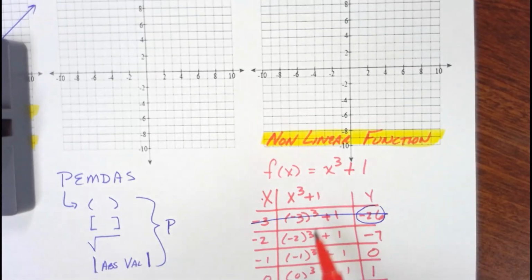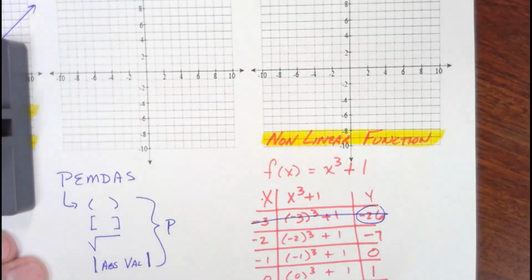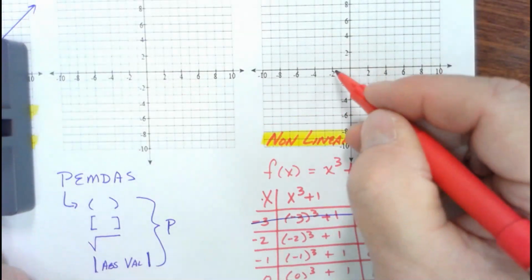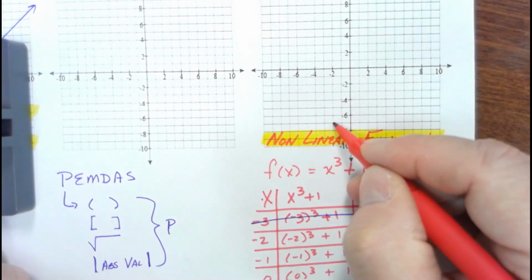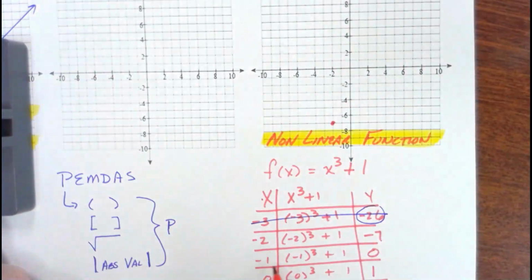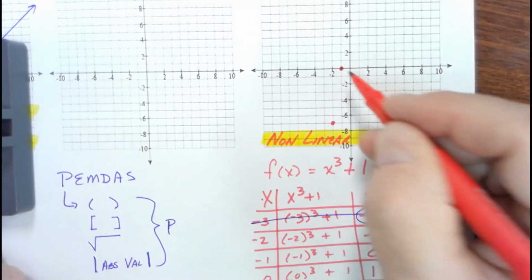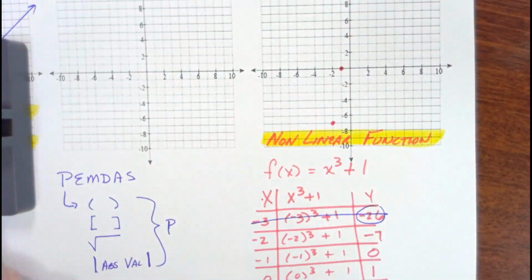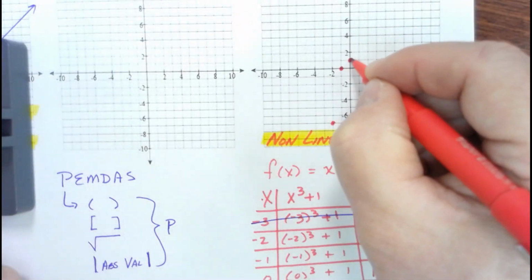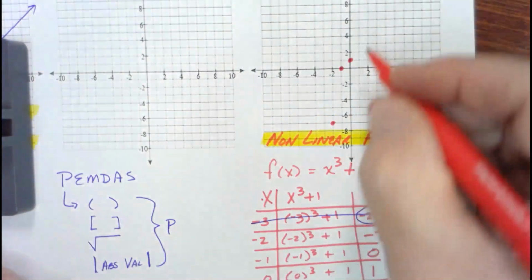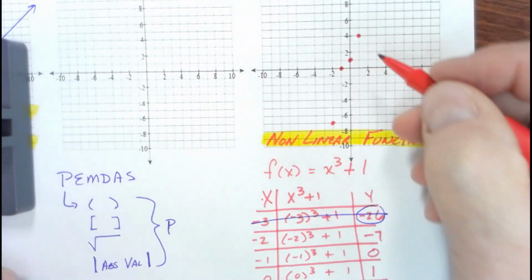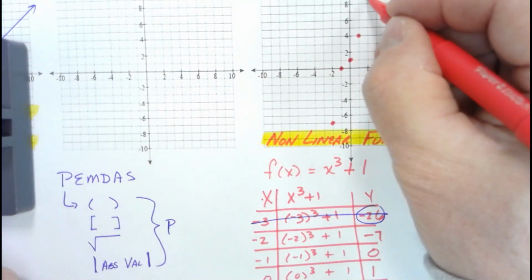But I do have these points to put on the graph: negative 2, negative 7; negative 1, 0; 0, 1; 1, 2; and 2, 9.